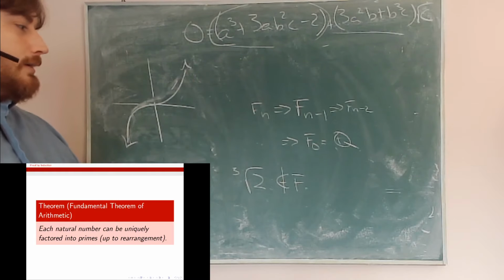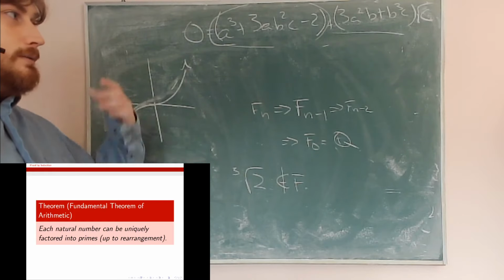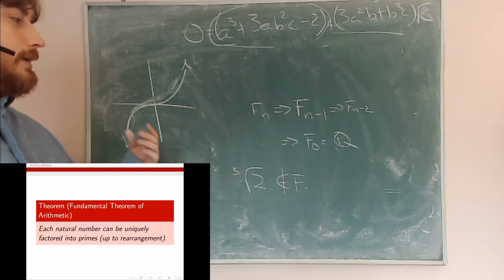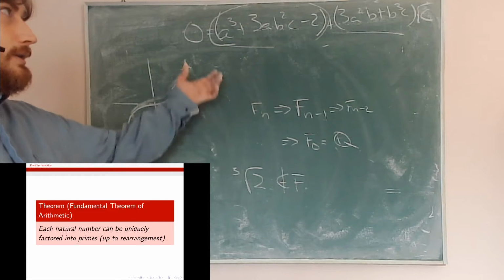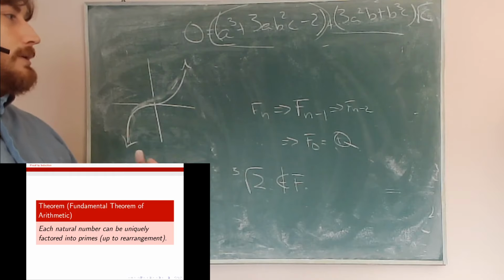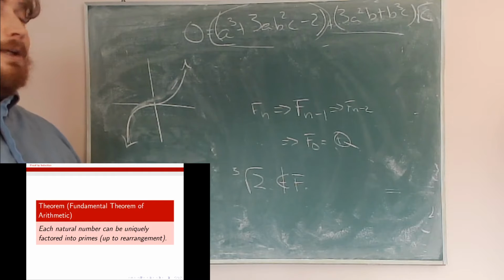However, we're using things here that weren't talked about until the 19th century, such as fields and field extensions. So this question, can I find the cube root of 2, was not answered for about 2,000 years after the question was asked.